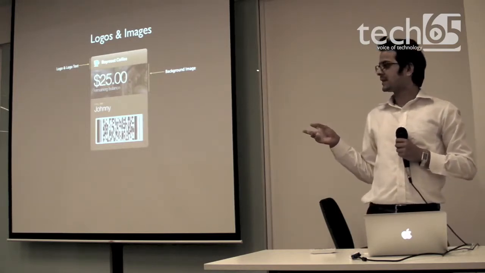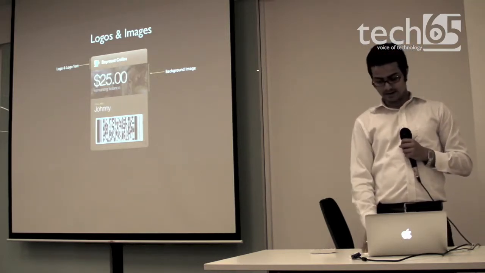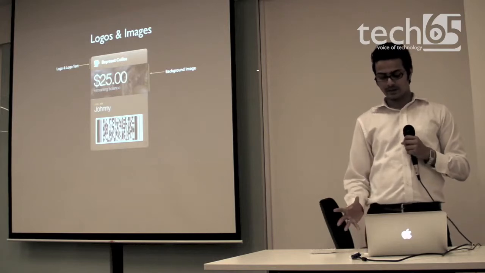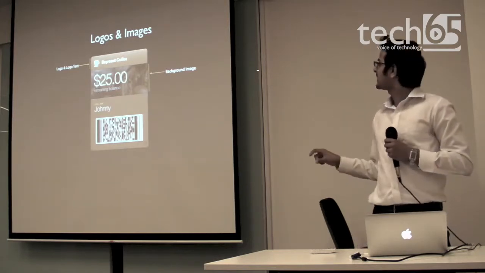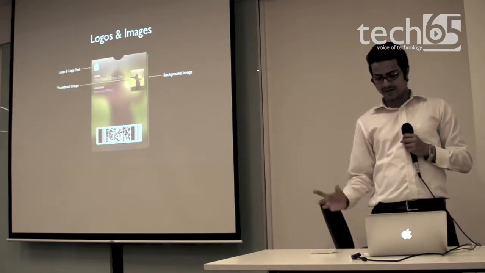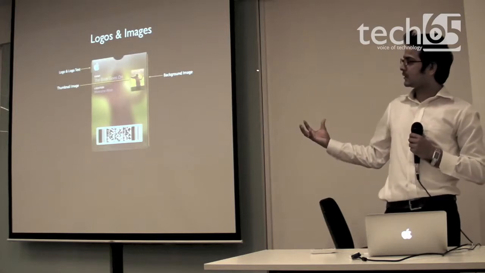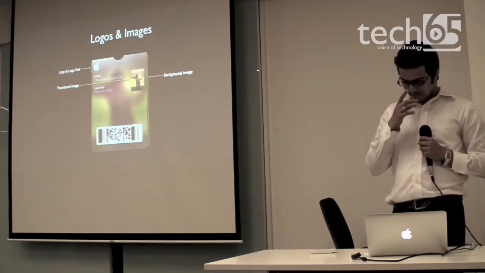If your logo image contains the text, then you don't need to specify the logo text. There is a background image, and depending on the pass, they use the background image differently. For the store card, they use a center-stretched background image. For event tickets, they add a background image, and they use something else called a thumbnail image.